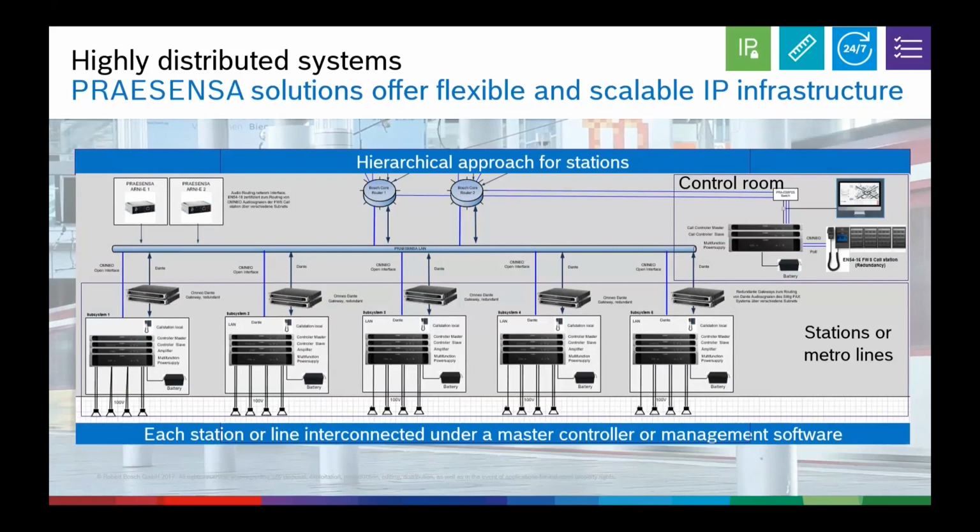We can also enable communication between the different subsystems. This is the example of different stations, but you can imagine if you have a larger complex, a larger building with different floors, you might also want to split up and segment the system. Or in an airport, where you have different areas, this could be a good solution.